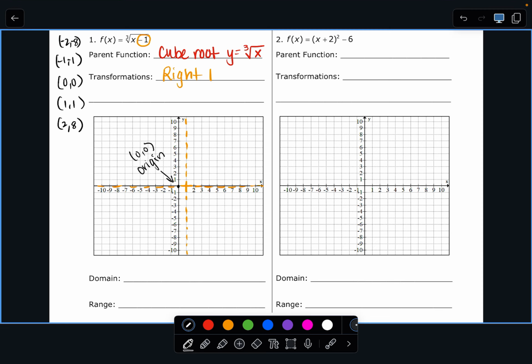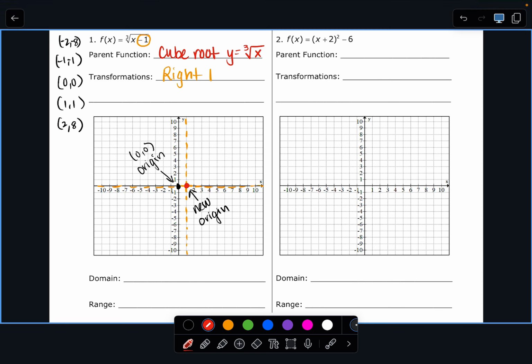This is the origin that we start off with without any shifts left or right. I'm going to treat this new intersection as my new origin. By that I mean that's going to become my 0, 0. So I'm going to have a graph point at 0, 0.